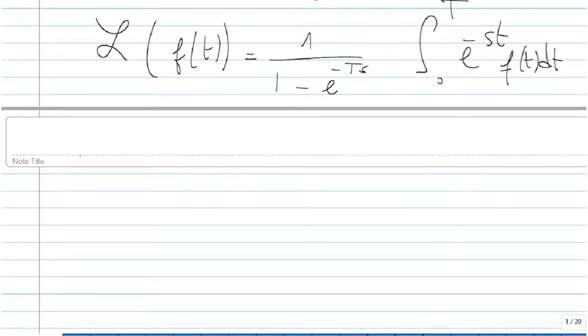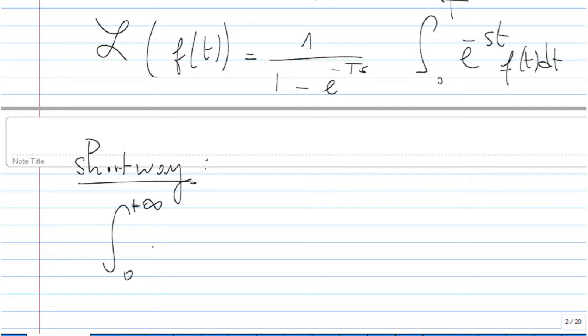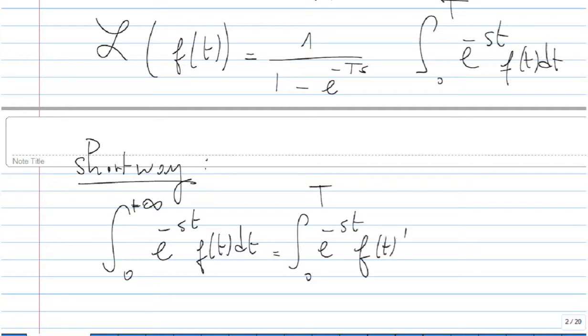So the short way is to write that Laplace of f of t is the integral from 0 to plus infinity of e to the minus st f of t dt, which is the integral from 0 to T of e to the minus st f of t dt plus the integral from T to plus infinity of e to the minus st f of t dt.